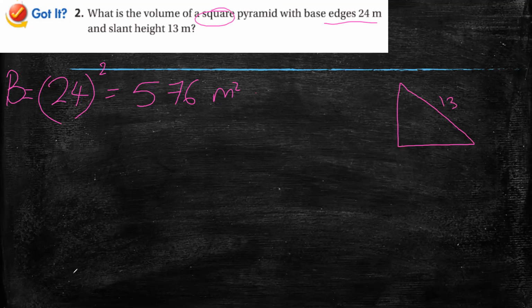This is now, if you remember, like in this example before, the pyramid or the square pyramid. Now they give me the slant height, and I need to find the height.